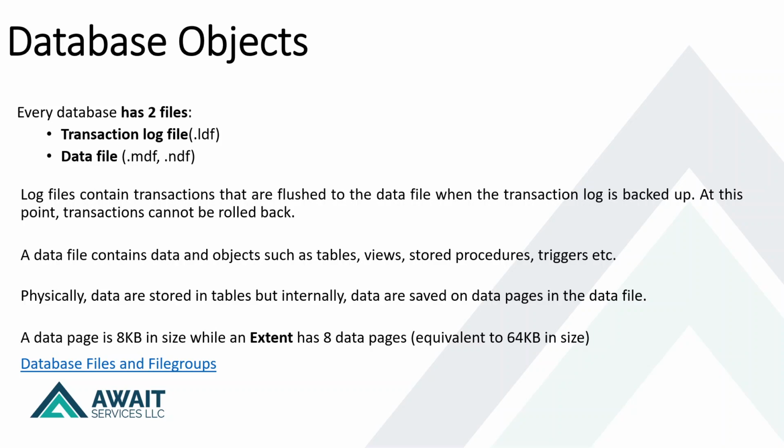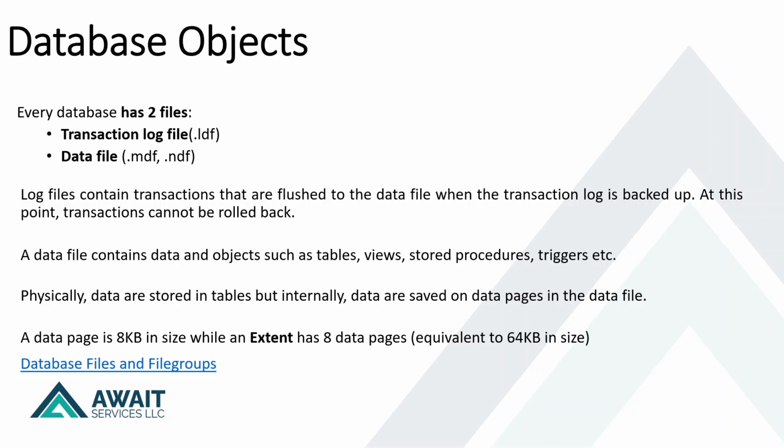So a data file will contain the data, which is like the summary of all the transactions that have happened in the database. It contains the data and it also has other objects, such as tables, indexes, views, stored procedures, triggers. All these other objects are present in the data file together with the actual data itself.